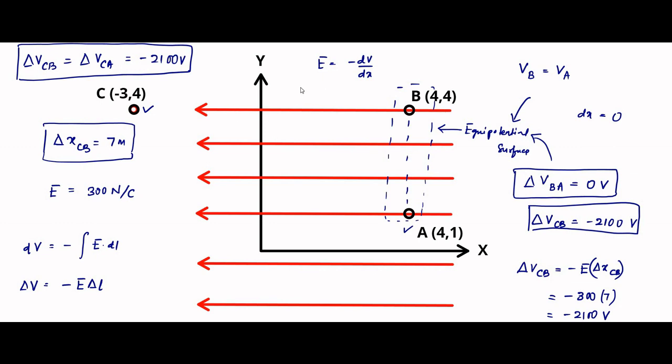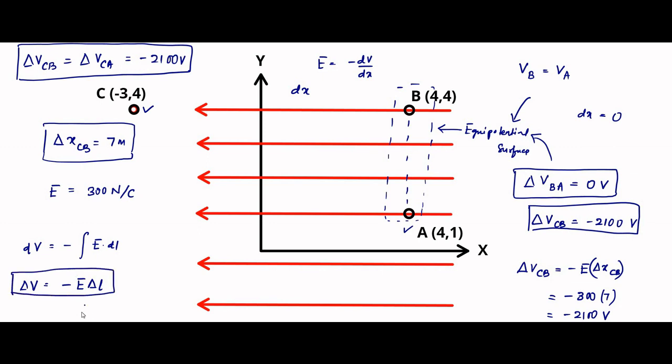But here there is some value of separation gap between these 2 points. As there is a separation gap, the product of E and dx contributes to a change in potential difference.